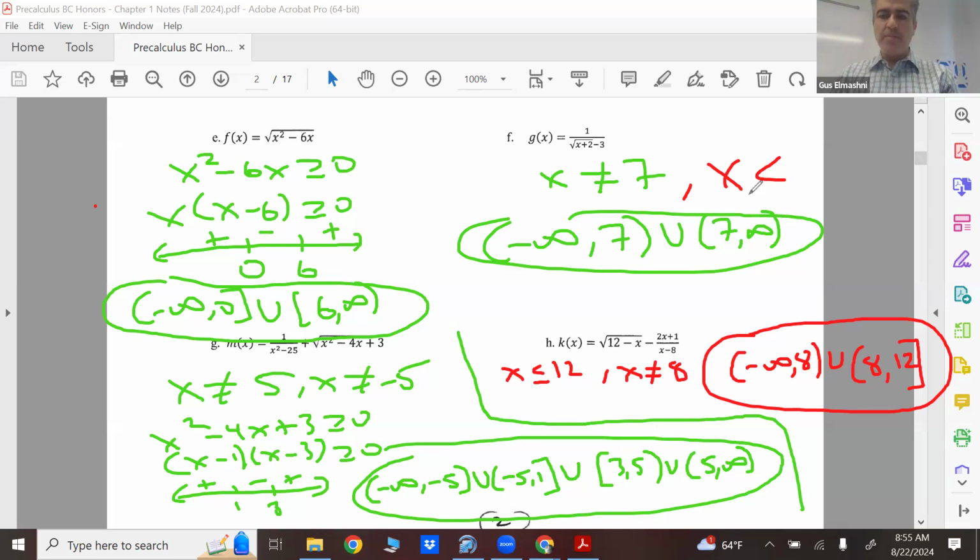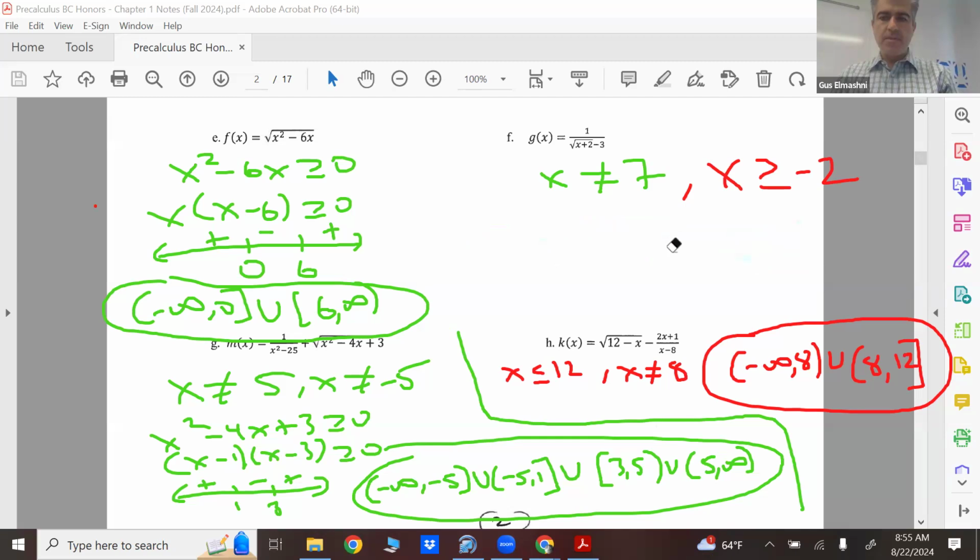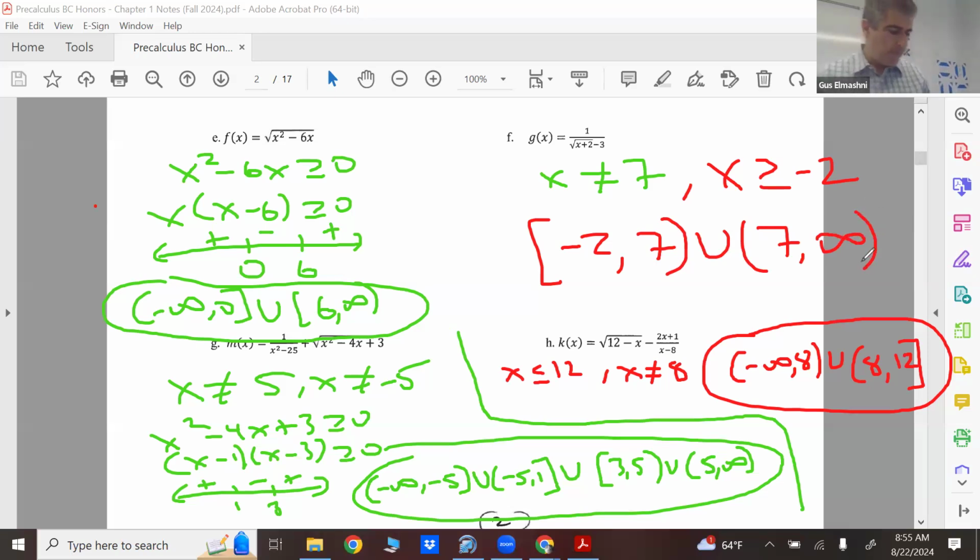X has to be greater than or equal to -2. Yeah, my bad for F.